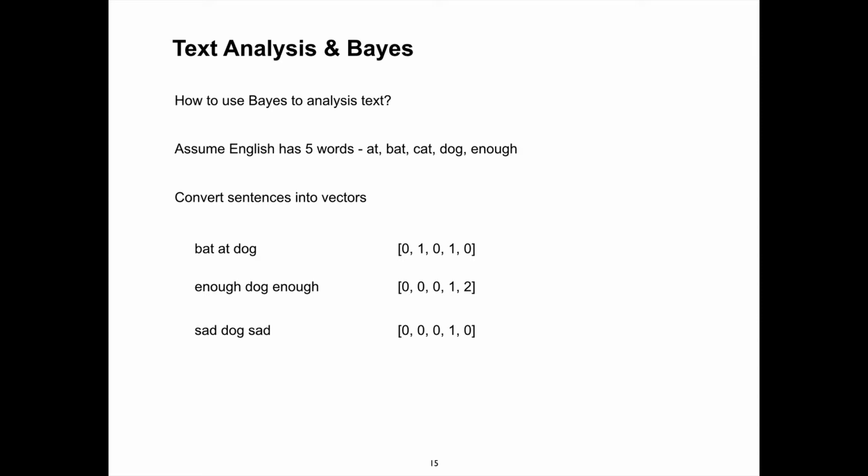And once we've done that, we can then go into each message and count how many times each of those words occurs, and then create a vector, and each one of those messages becomes a vector, right? And then once I've done that to all the messages in my training data, I can pick a new message, right? Convert it to a vector using the same technique, and then just ask the model which group they belong in.